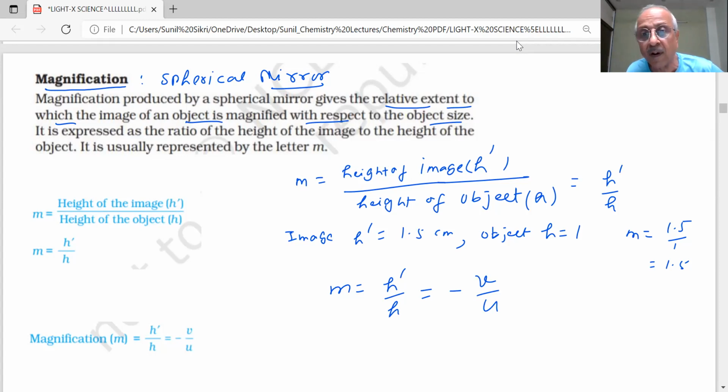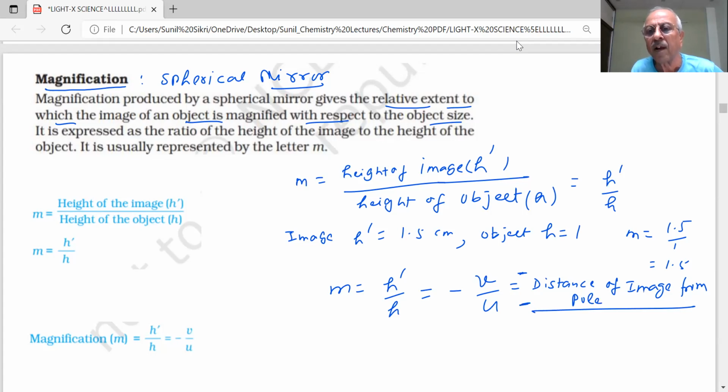V is the distance of the image, where you measure from the pole, divided by, with this negative sign I'm putting here, negative sign.